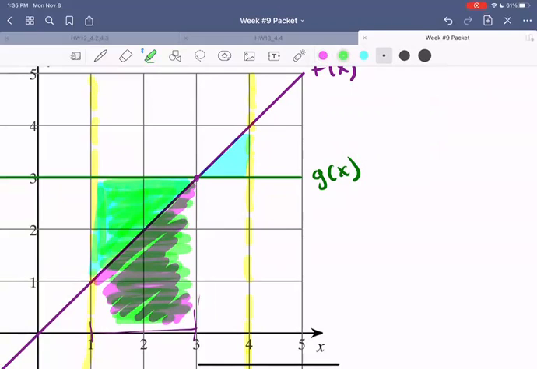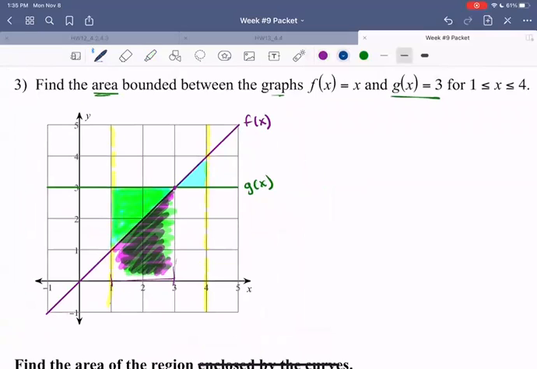So if we want to find just this green area, or just that original blue area, what we can do is find the area under g. That is that green area. And then subtract the area under f that we didn't want to count for. So what would that look like in terms of an integral?